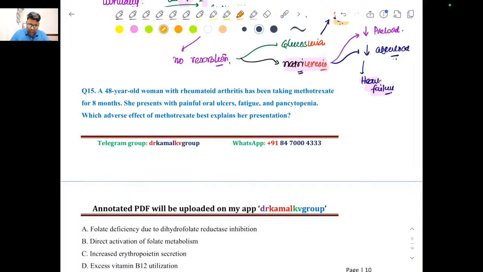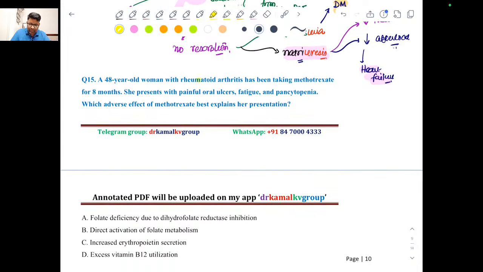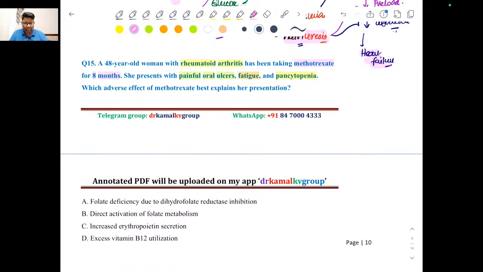Then moving forward to the next question, a lady with rheumatoid arthritis is taking methotrexate for around 8 months. Now, she is having painful oral ulcers, fatigue and pancytopenia. Which adverse effect of methotrexate best explains her presentation?